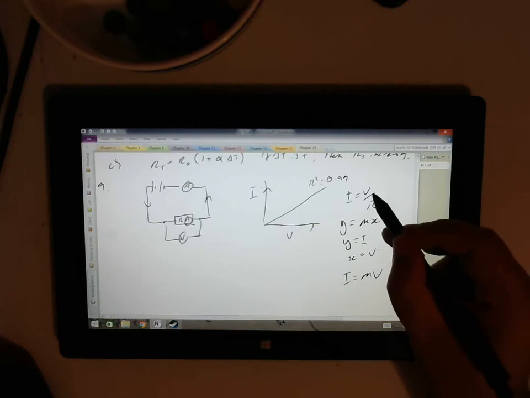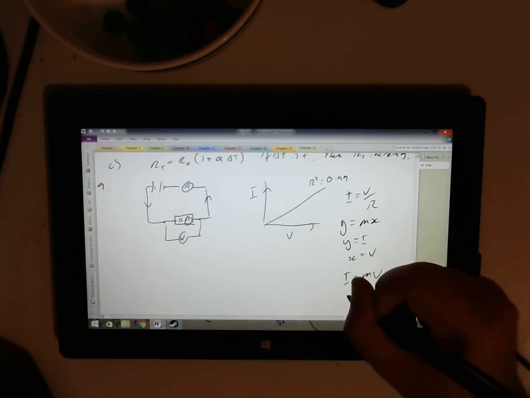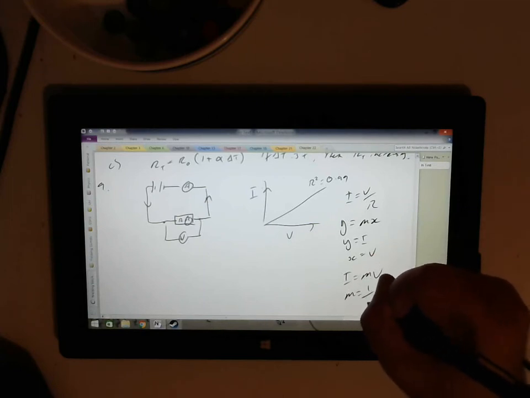And if we look at these two formulas, we can see V is not times R, it's divided by R. So that means the gradient m must equal 1 over R.